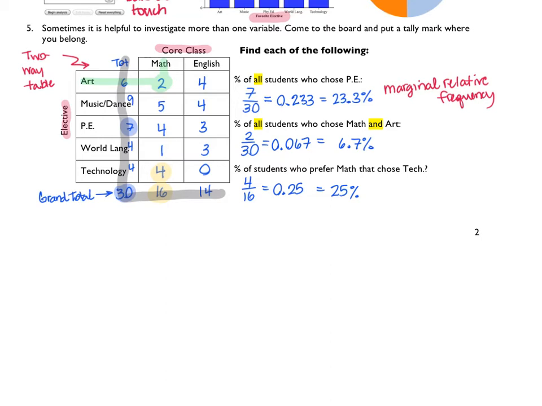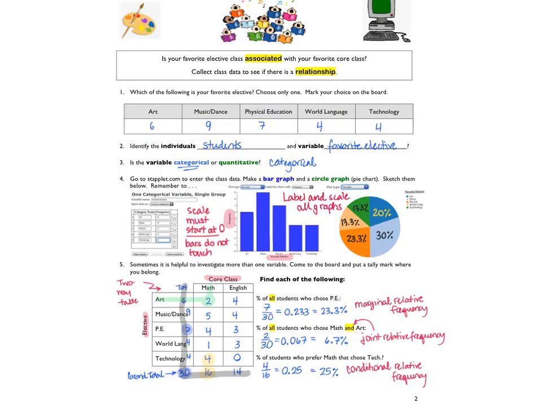For the next one, the percent of all students who chose math and art, that "and" is a super important indicator that this is a joint relative frequency. And the last one, where we found the percent of the students who prefer math, that chose tech. So we used the math total as the condition for our conditional relative frequency. Let's move on to the questions on the next page.